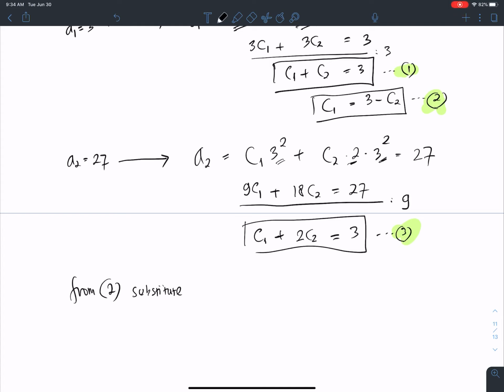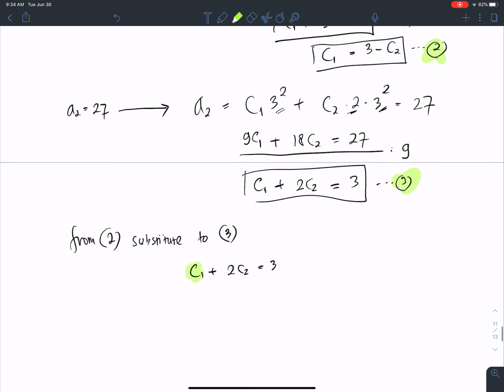From 2 substitute to 3. So c1 plus 2c2 equal to 3. And then the c1 from 2 we got, which is 3 minus c2 plus 2c2 equal to 3.